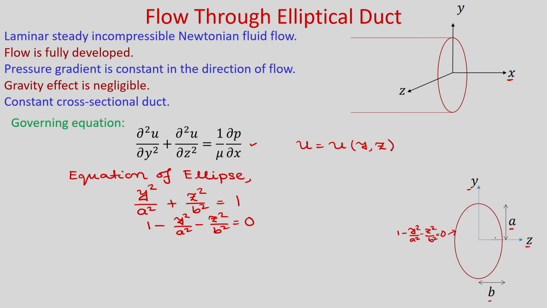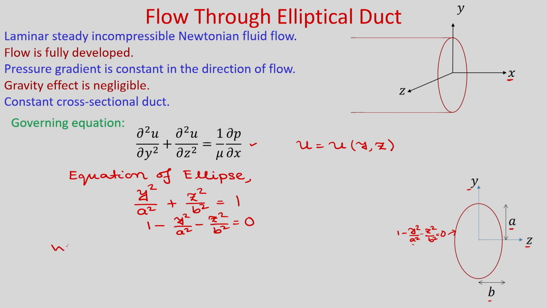So, we will assume the velocity profile inside this domain as some constant times this equation of ellipse. Then automatically the no slip condition will be satisfied at the wall for this velocity profile.